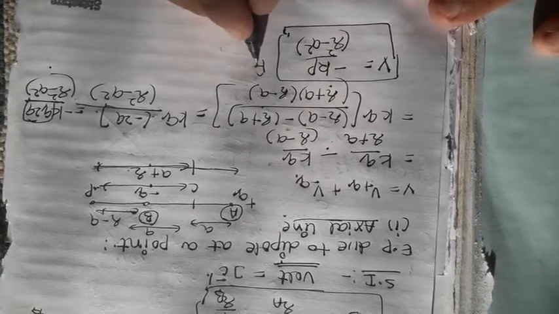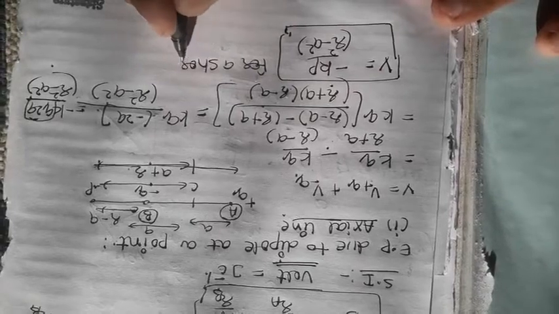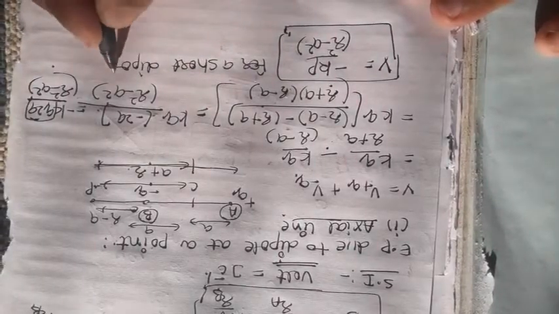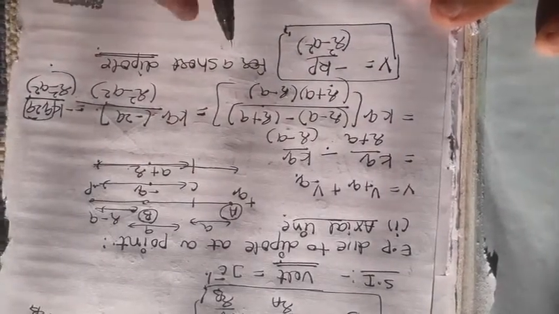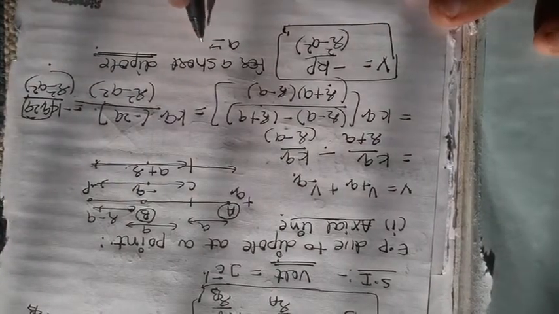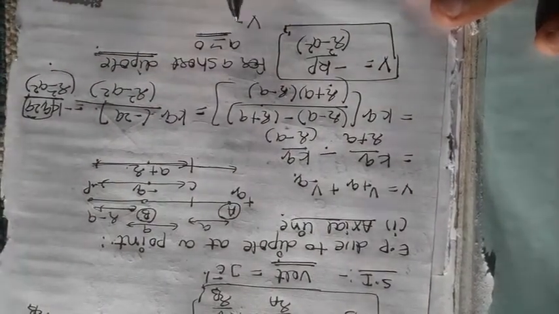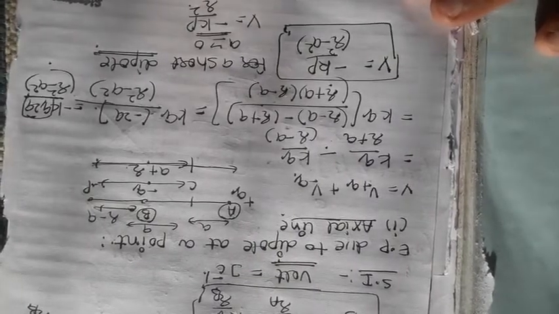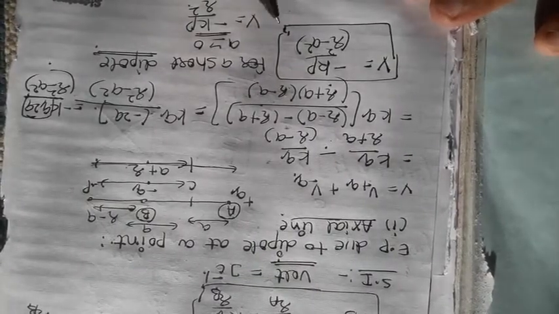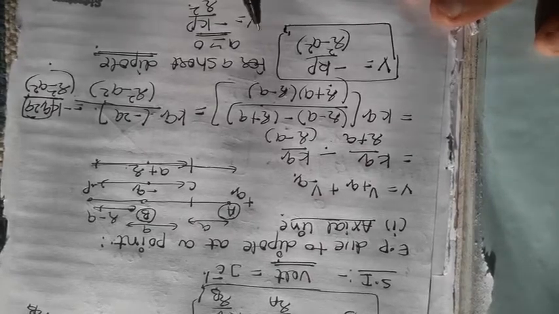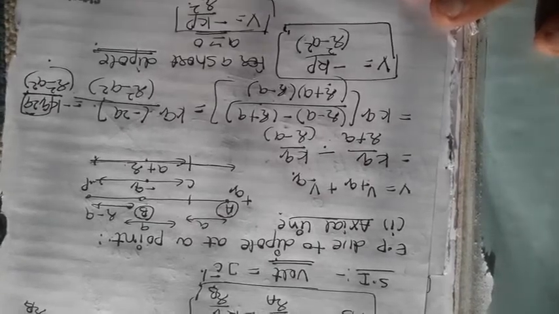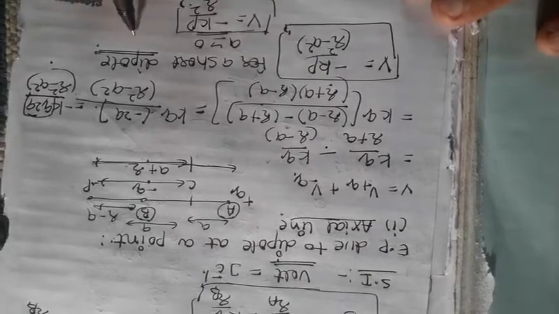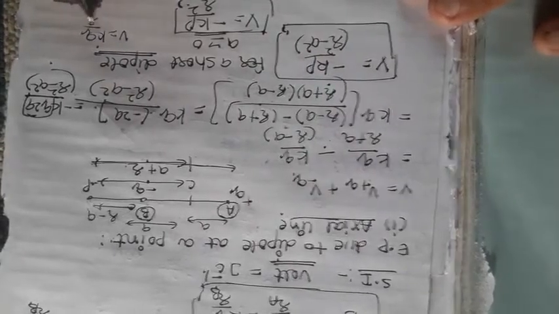Clear? If you have a short dipole, you know the condition A is approximately equal to 0, then the potential is minus Kp upon R square. So what is the difference? Look at the basic formula: it is KQ by R for a point charge.